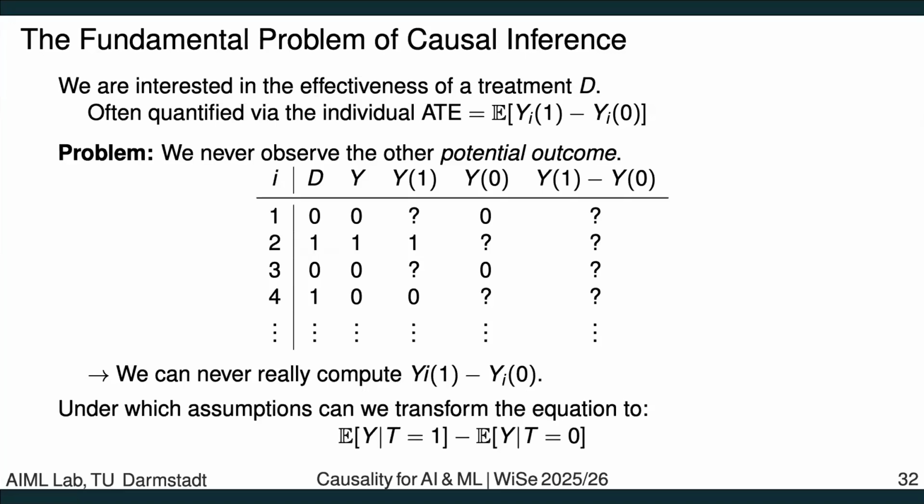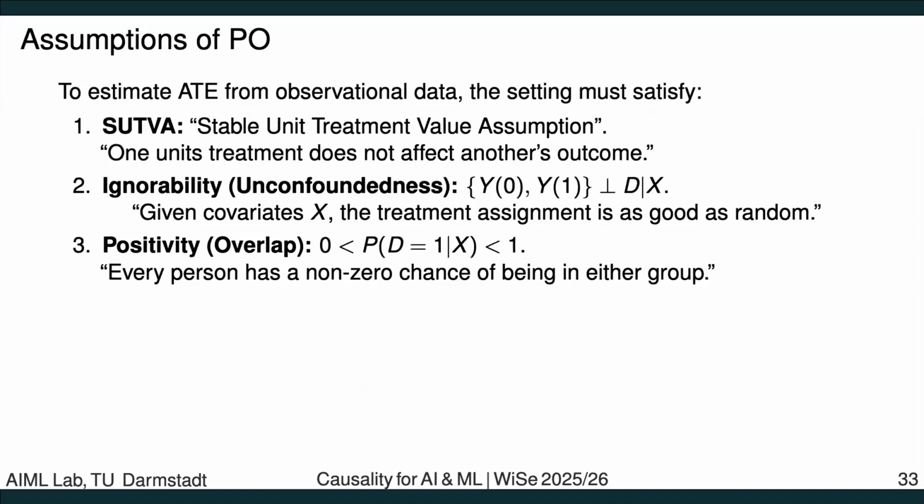Yeah, and the question then really is, how can I transfer that to population level statistics? And for that, there are these three assumptions, and this is really the basis of this framework. So the first thing is the stable unit treatment value assumption. Basically, it's a fancy way of saying that the treatments I assign to a unit don't affect another unit's outcome.